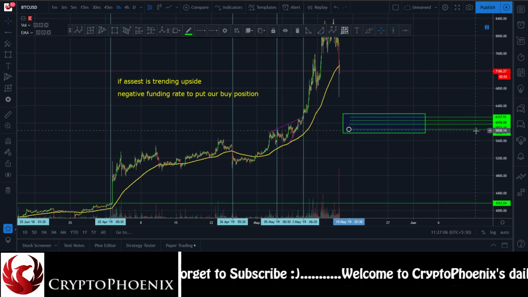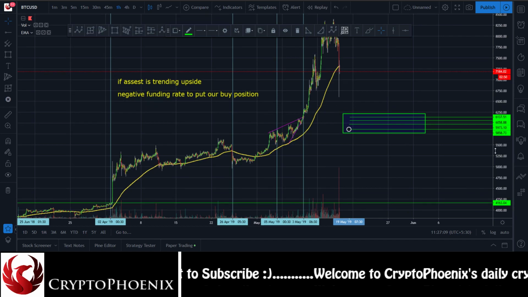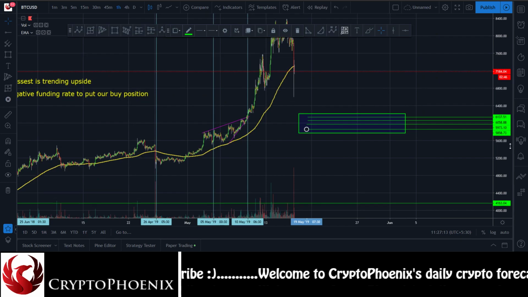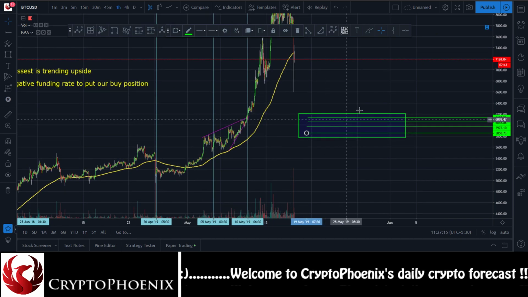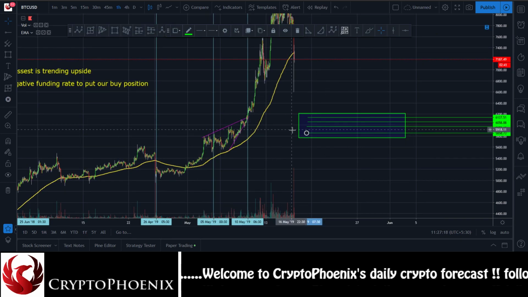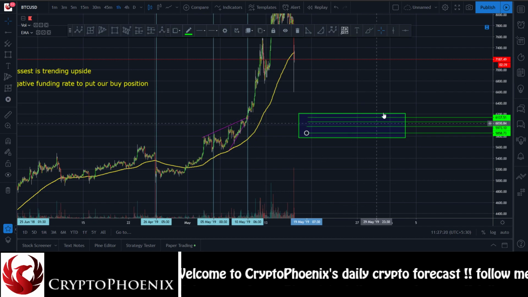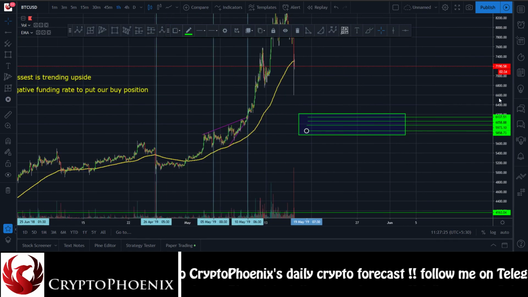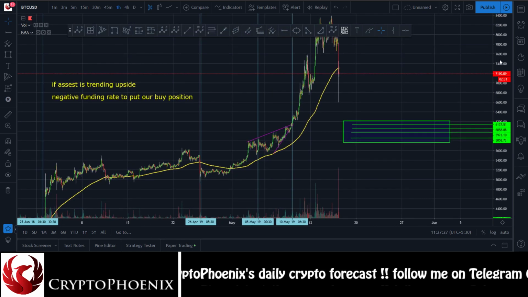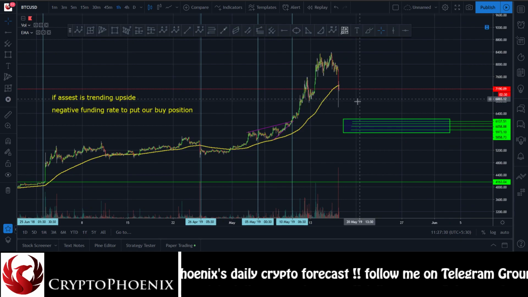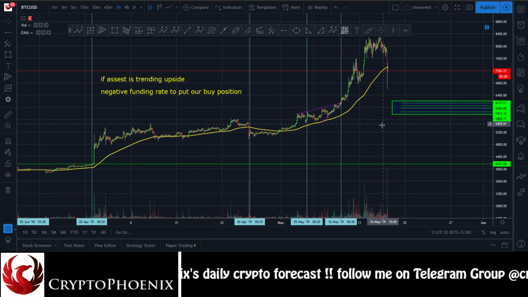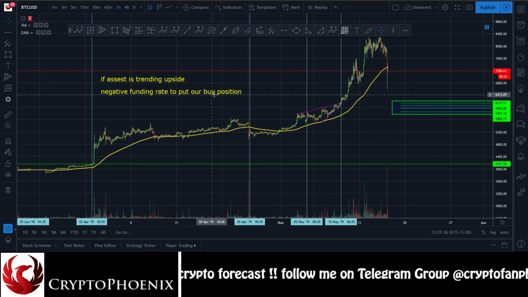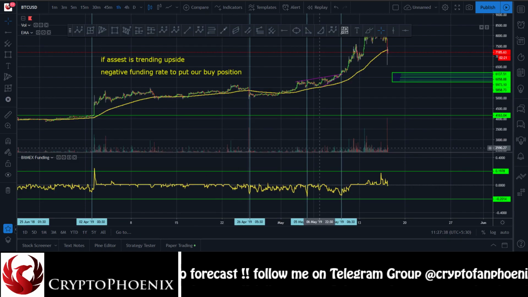If you spread your limit orders, there is more chance to get a good mark price. So I always recommend entering using a laddering strategy, because if you enter at a spot price and things go wrong, you may end up losing much more money than you had ever imagined. So if the asset is trending upside, find the negative funding rate to put your buy position.